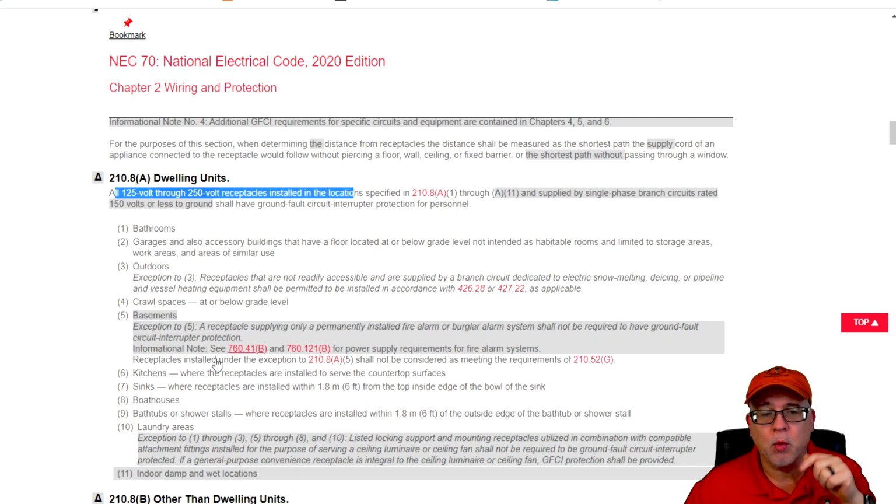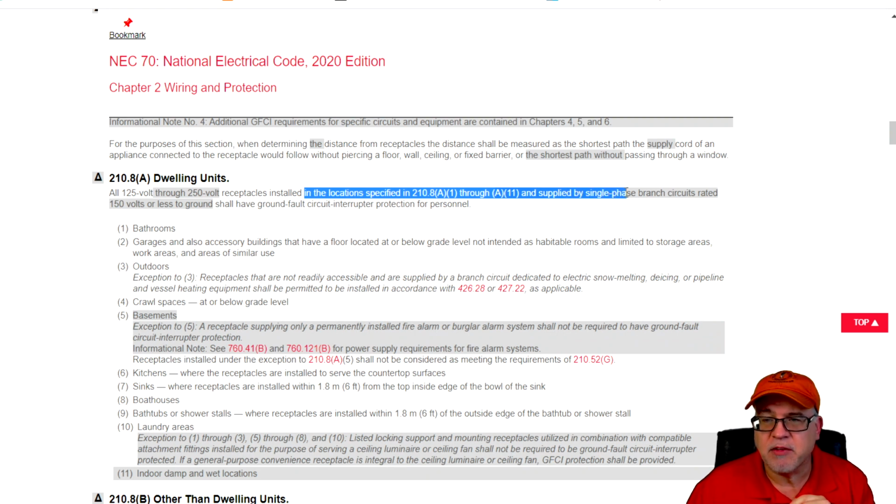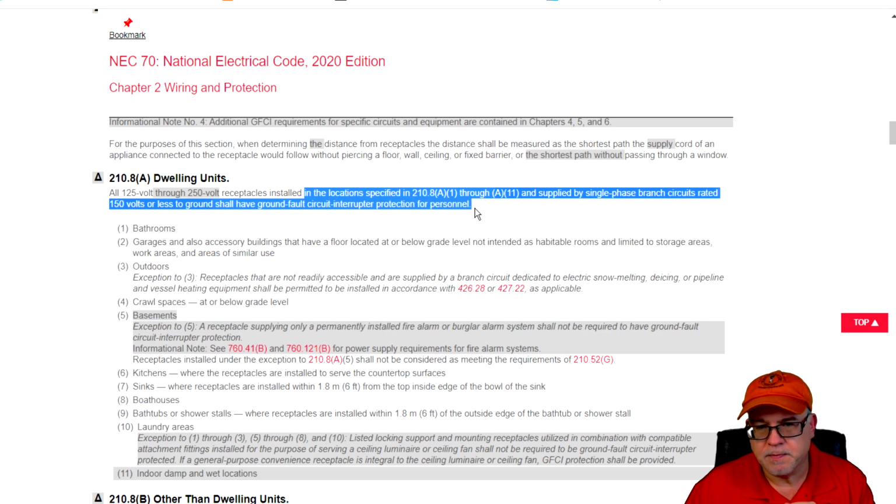Okay, so remember, we're going to talk locations, okay? Installed in the locations specified in 210.8(A)(1) through (A)(11), and supplied by single-phase branch circuits rated 150 volts or less to ground, shall have ground fault circuit interrupter protection for personnel, okay?